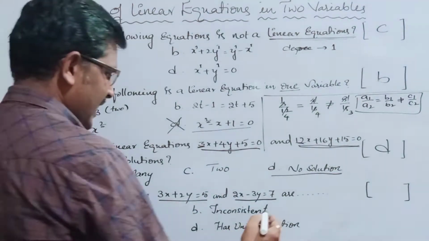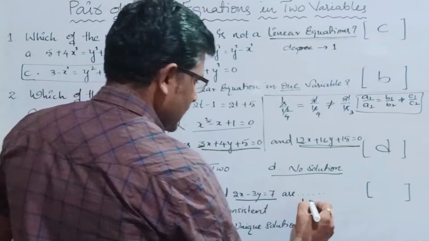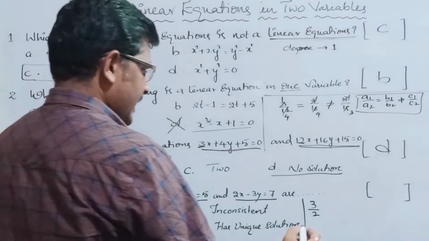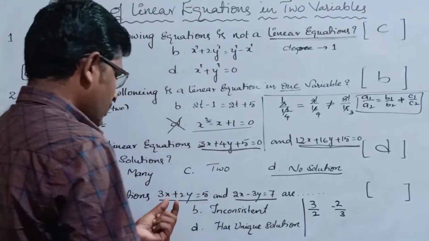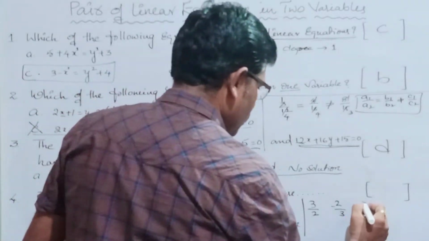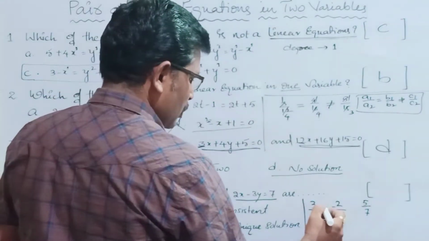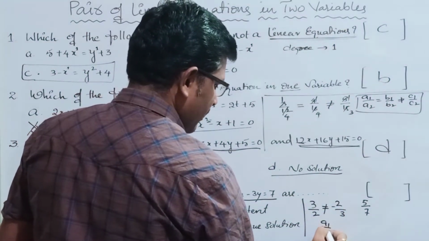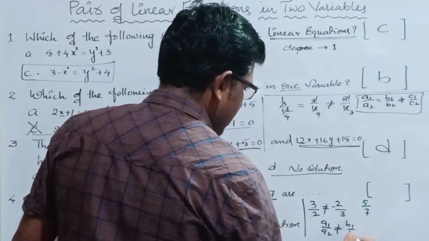Let's check out the condition. a1 by a2 is 3 by 2. Next b1 by b2 is minus 2 by 3, and c1 by c2 is 5 by 7. So a1 by a2 is not equal to b1 by b2.